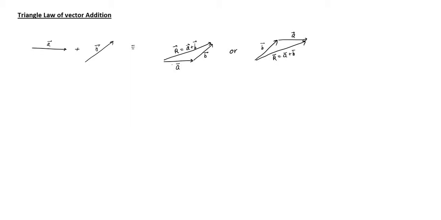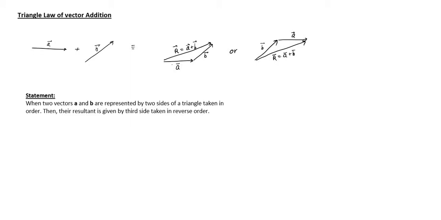Now from here we can state the triangle law of vector addition as: when two vectors A and B are represented by two sides of a triangle taken in order, then the resultant is given by the third side taken in reverse order.